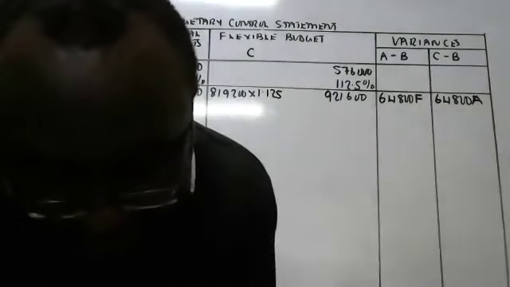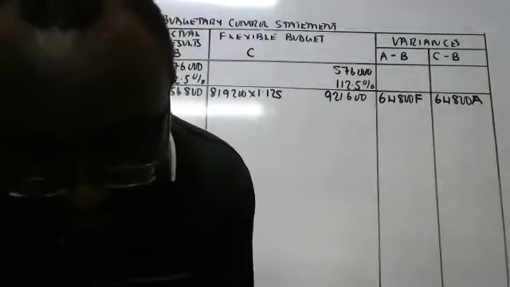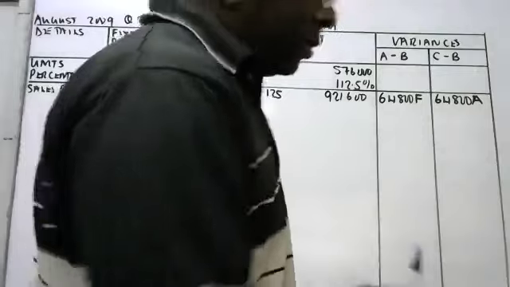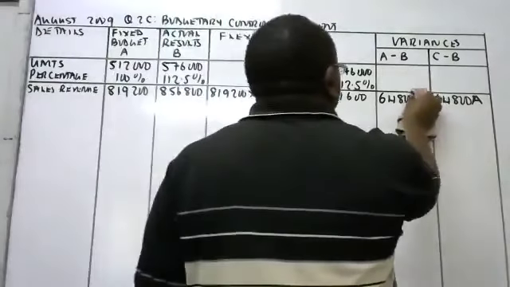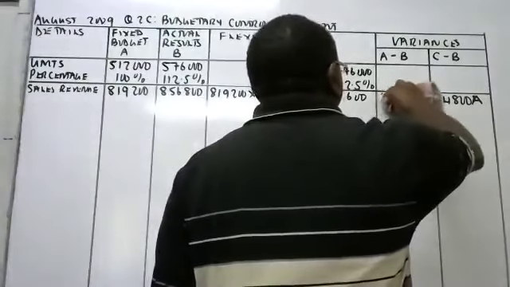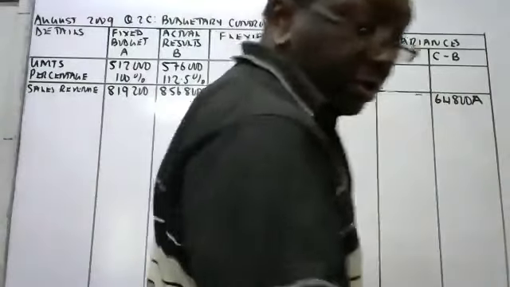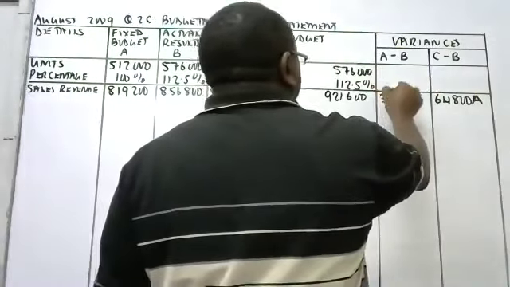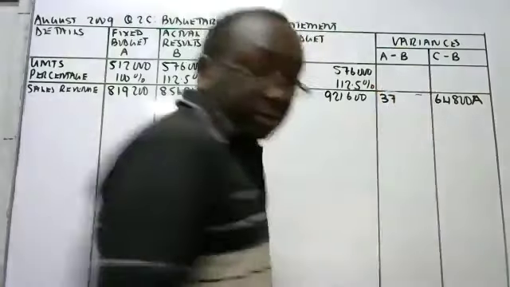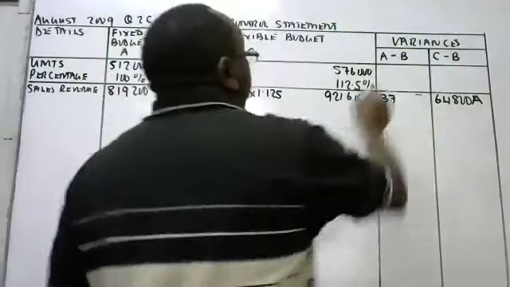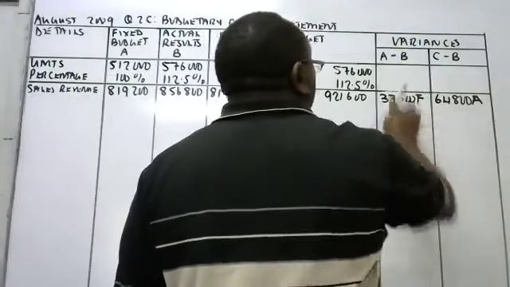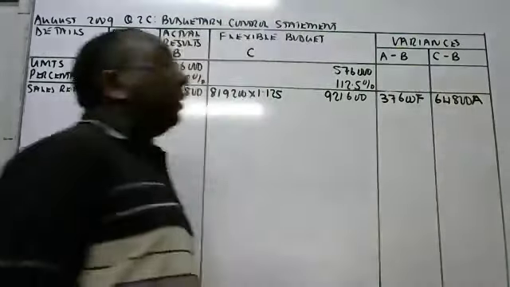Actually, even here in the book and on the paper it is 37,600. Is it indicated that way in your past papers? Yeah. 37,600. Favorable. But it is correct, yes?